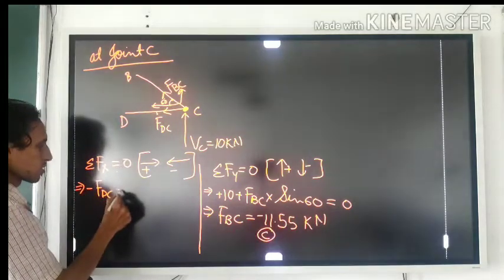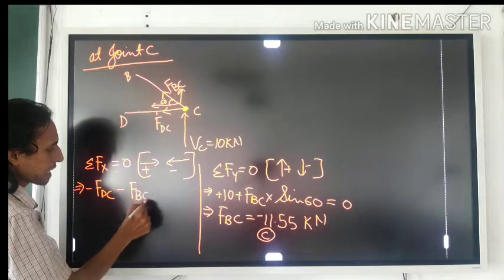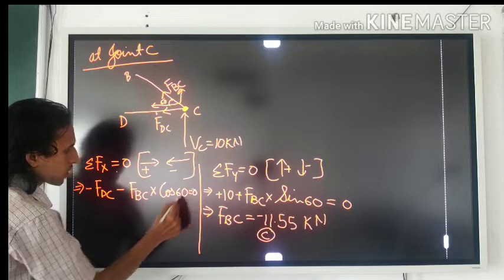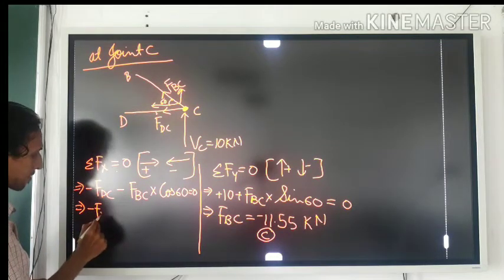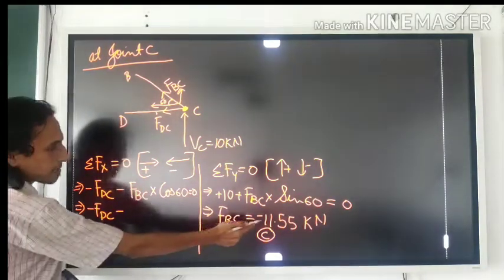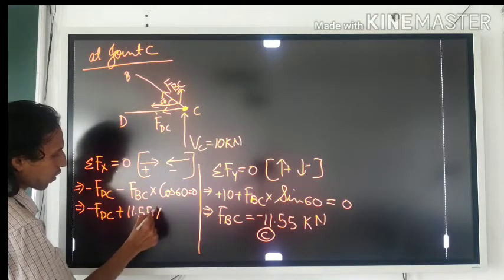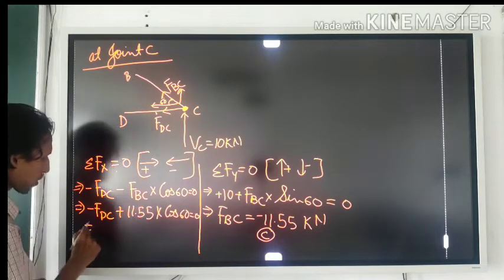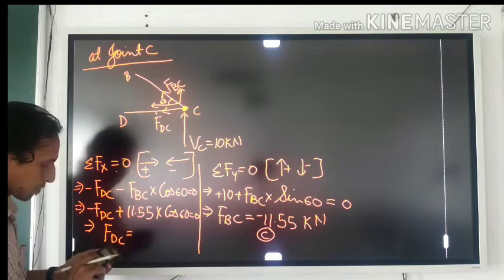Minus x. What is the value of the component? FBC into cos 60. Put this equal to 0. So minus FDC, minus, and put the value of BC, this minus, plus 11.55 into cos 60 is equal to 0.